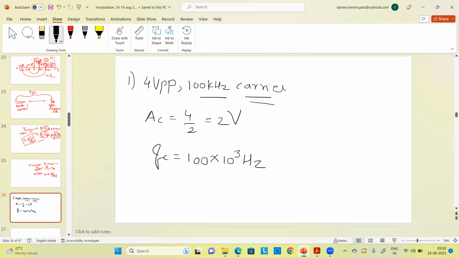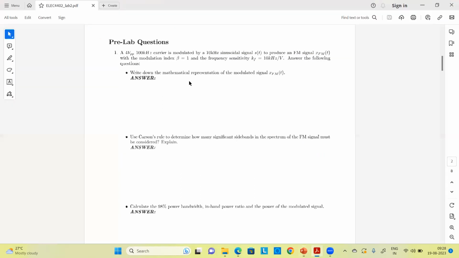What is the next thing they've given? A 4-volt peak to peak 100 kilohertz carrier is modulated by, what do you mean? Who will modulate? The message signal, correct? A carrier signal is always modulated by a message signal. So it's modulated by a 10 kilohertz sinusoidal signal.